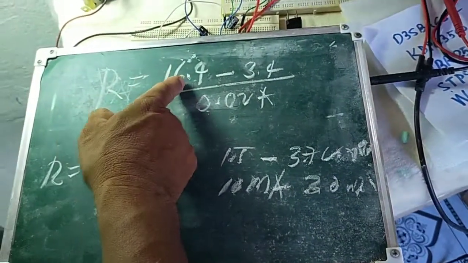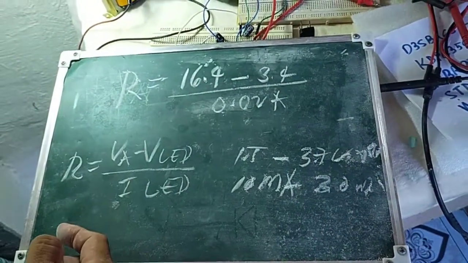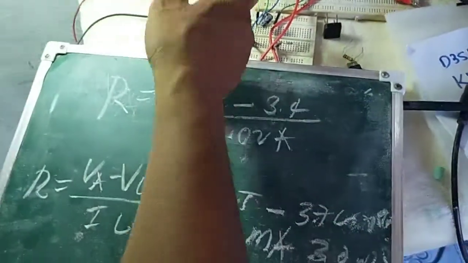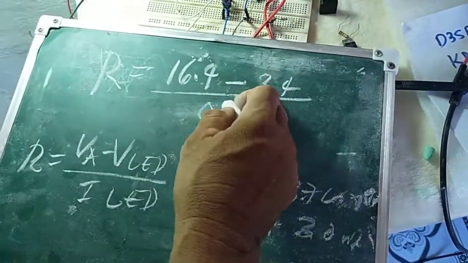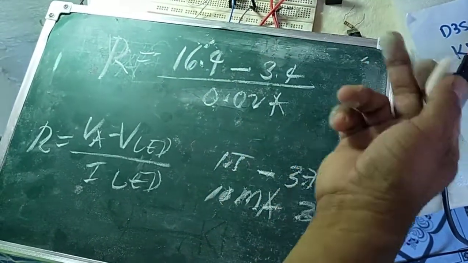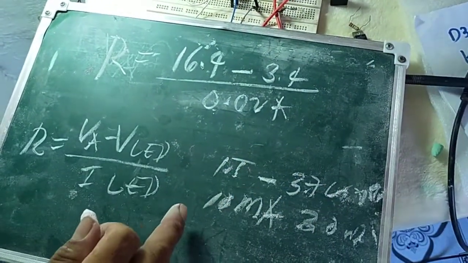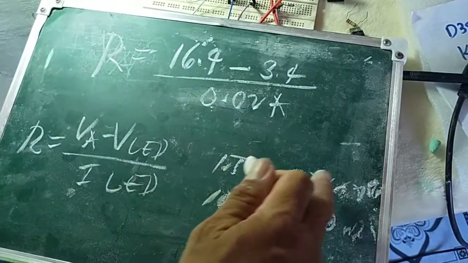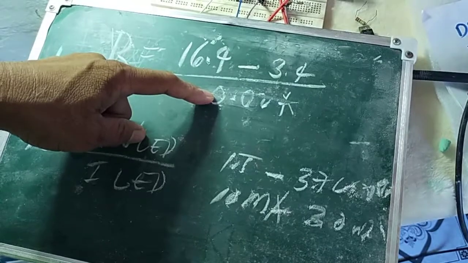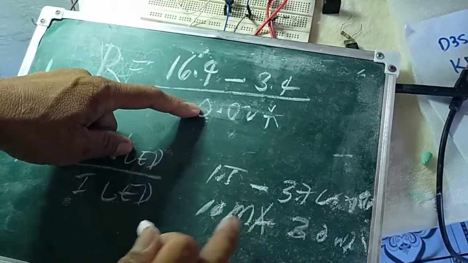16.4, which is the voltage right at the output of your power supply or across this capacitor, minus 3.4 as the typical applied voltage to a diode. It ranges from 1.5 volts up to 3.7 volts. Over the current rate, which ranges from 10 milliamperes to 30 milliamperes.